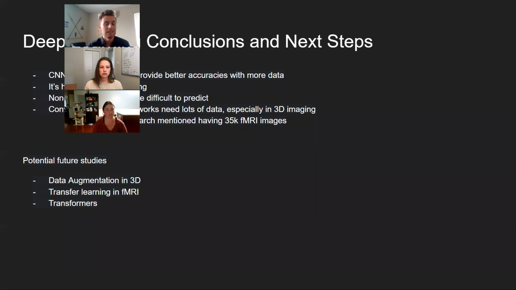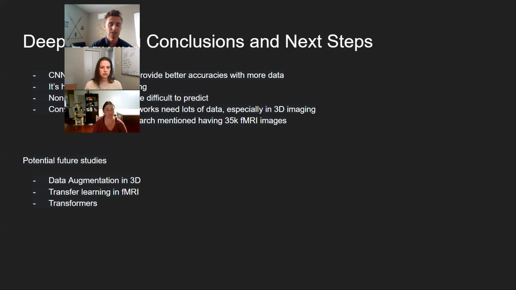So in concluding the CNN, we figured we need a little bit more data. CNNs are notorious for needing a lot of data to be trained, especially in 3D space with so many voxels and pixels. And it's very easy to fall into these overfitting pitfalls.